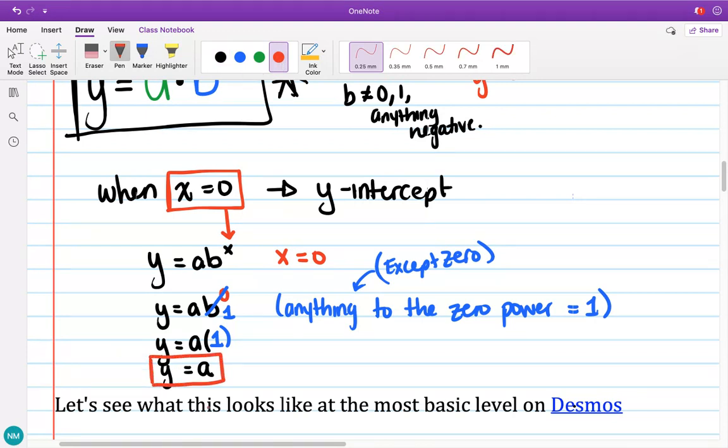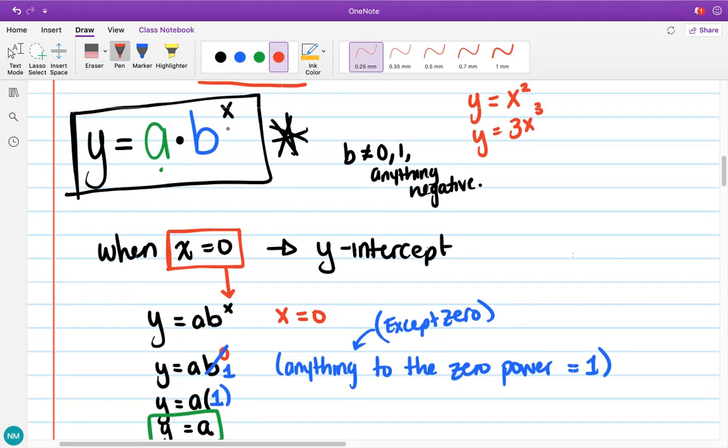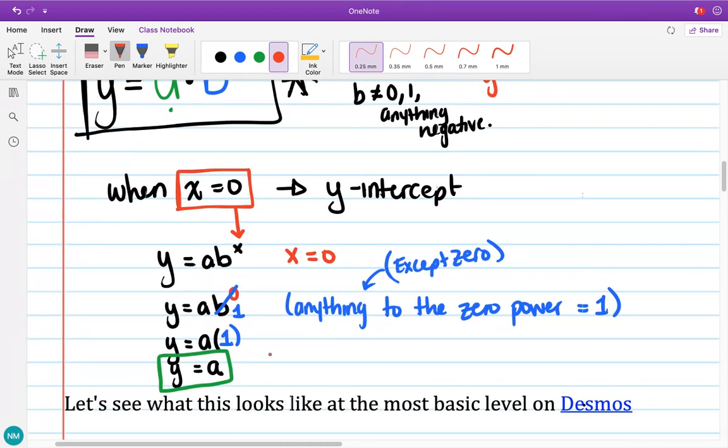I'm going to put this in green because we had green up here. The important thing here is for every single basic exponential function, which is ab to the x, when x equals 0, y equals a.